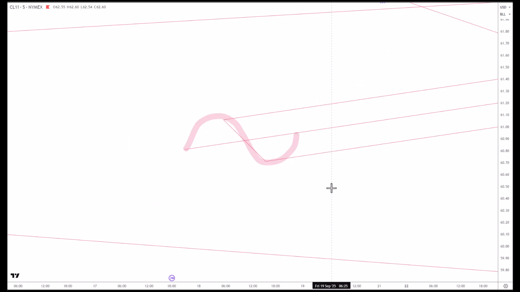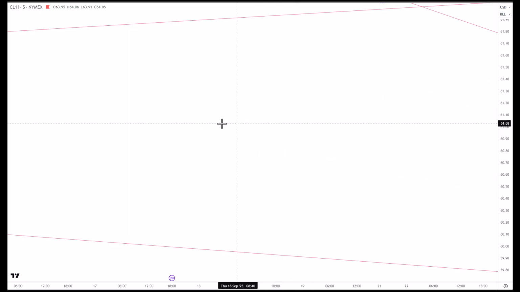Okay, so how do we use them? When it comes to the modified Schiff, there are three situations that you want to be aware of in price when you want to use them. The first situation is if price is making a valley, right?